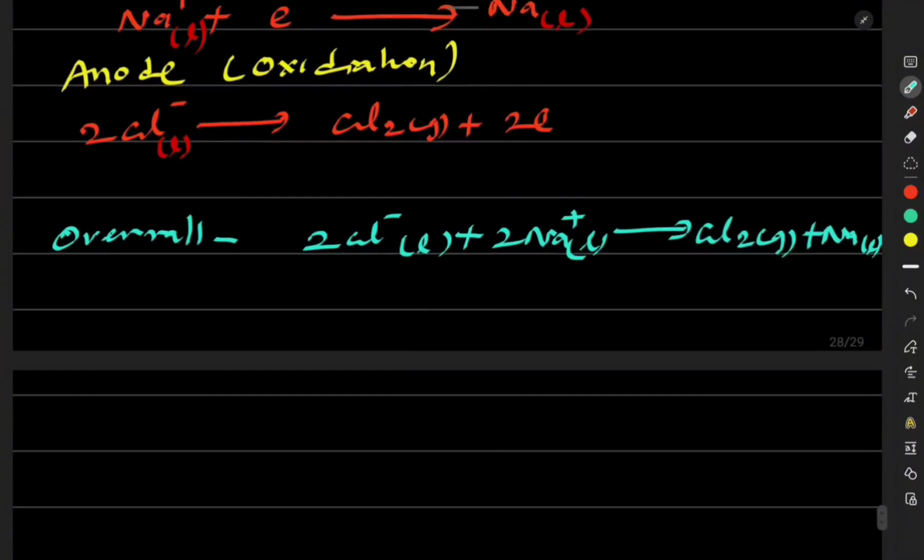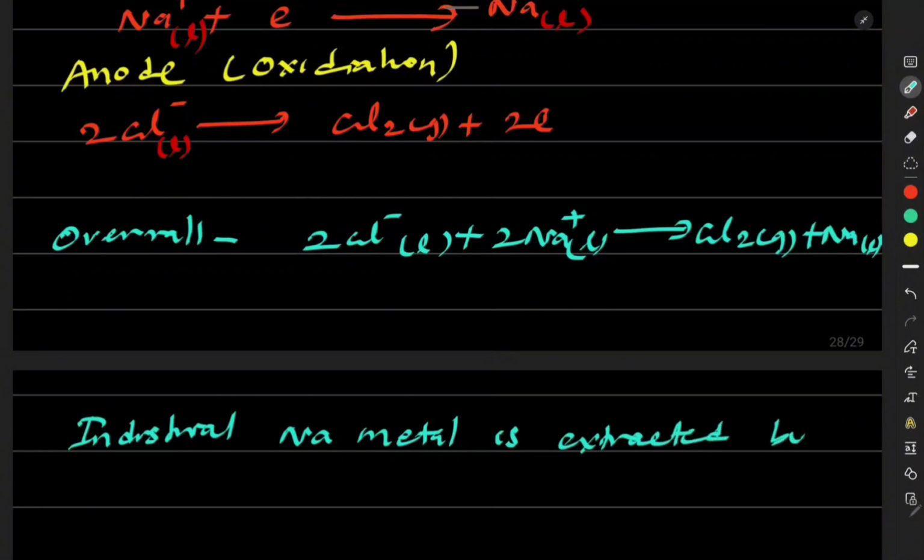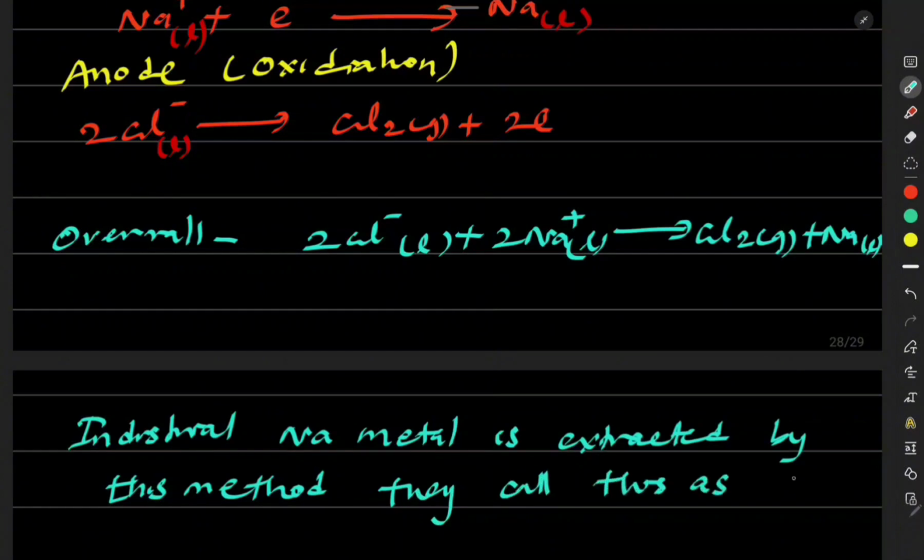They call it a Downs cell. Industrially, Na metal is extracted by this method. They call this a Downs cell.